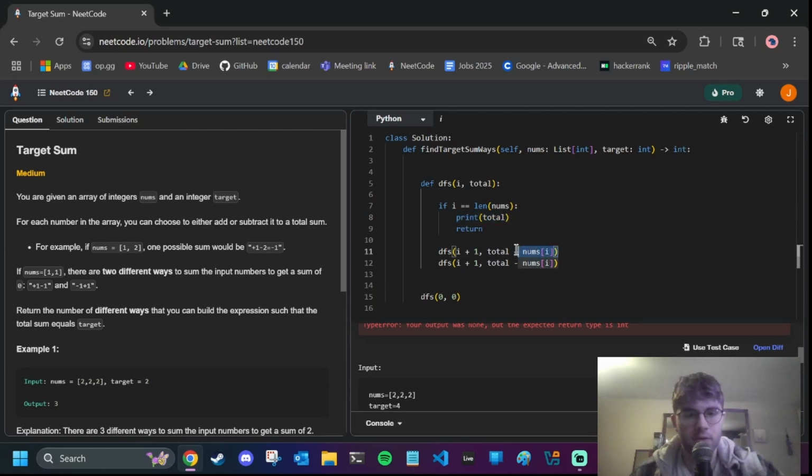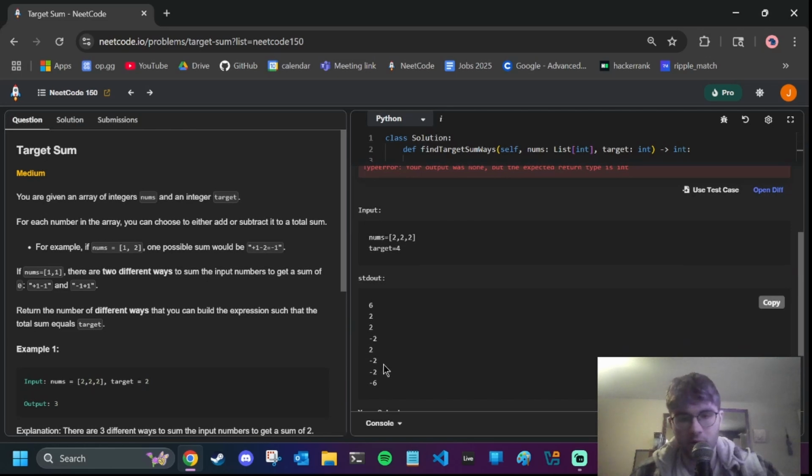When this returns, it would have been plus plus minus, and then it would get called here. And then after that, if it's plus plus minus, then it would have been plus minus plus. Okay. So yeah, this looks right.